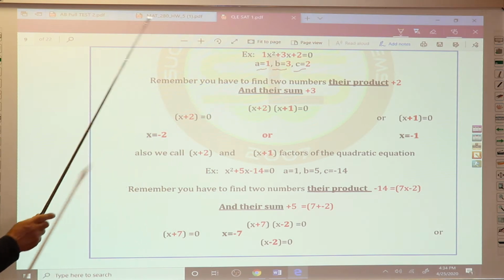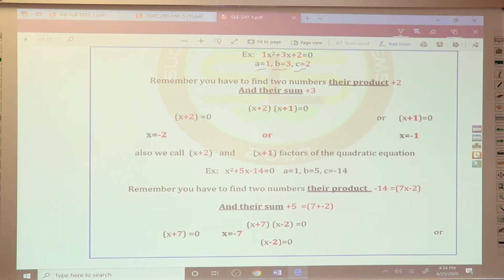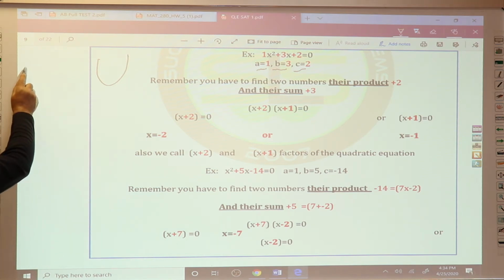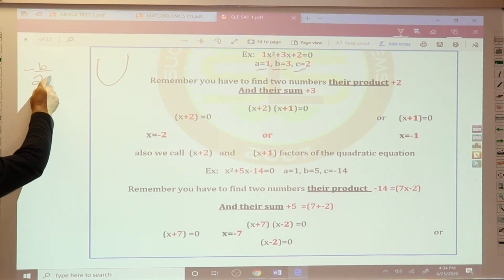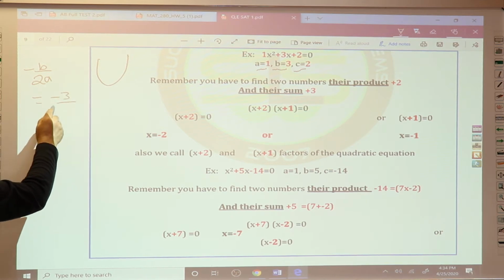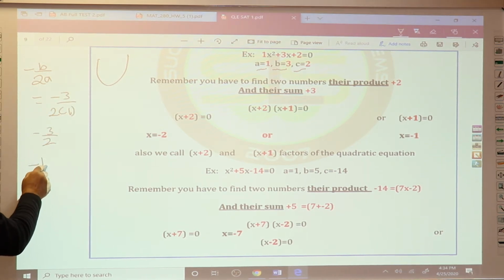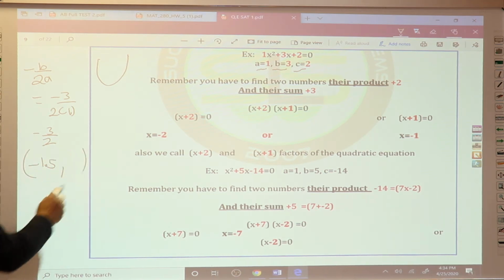This quadratic function opens up, right? And the vertex, negative b over 2a, negative 3 over 2 times 1, negative 3 over 2, negative 1.5. And you plug the negative 1.5 into the equation to solve.